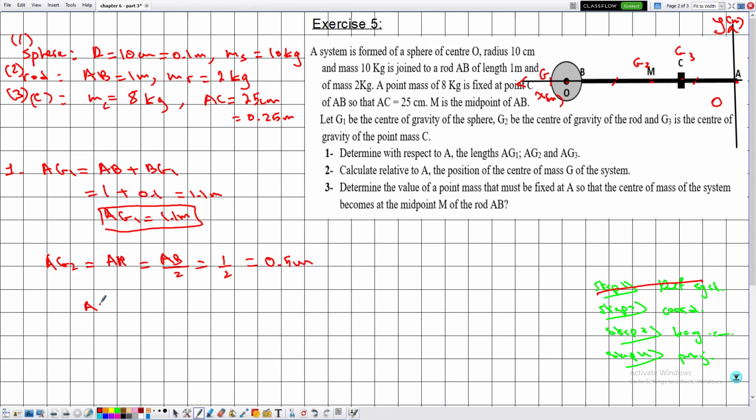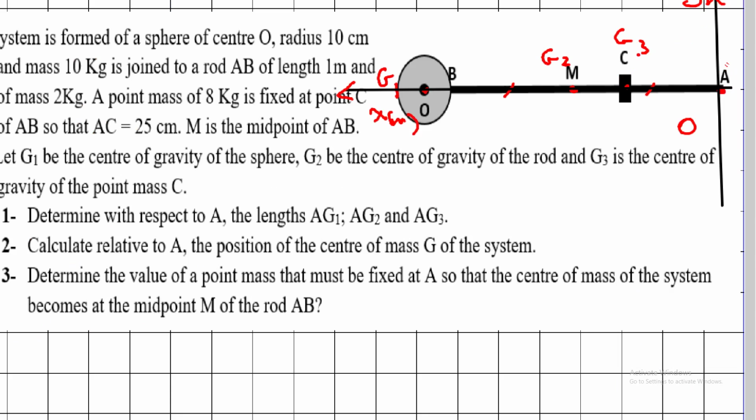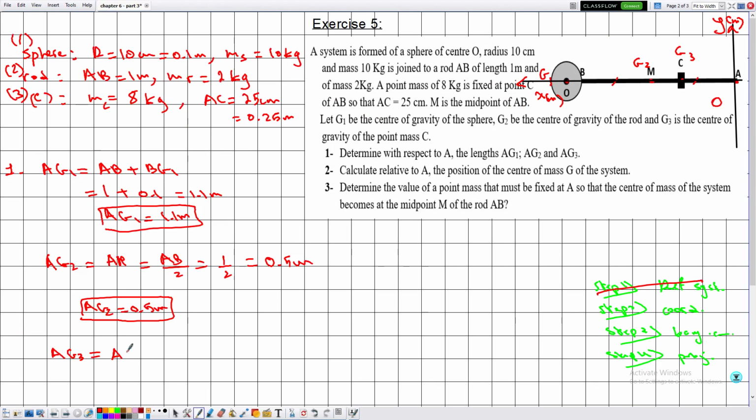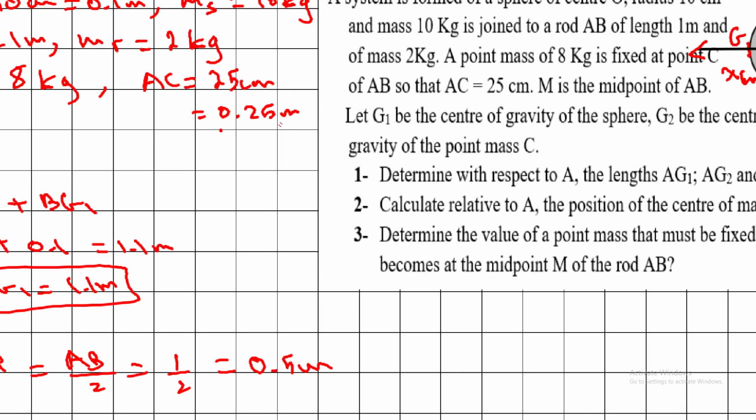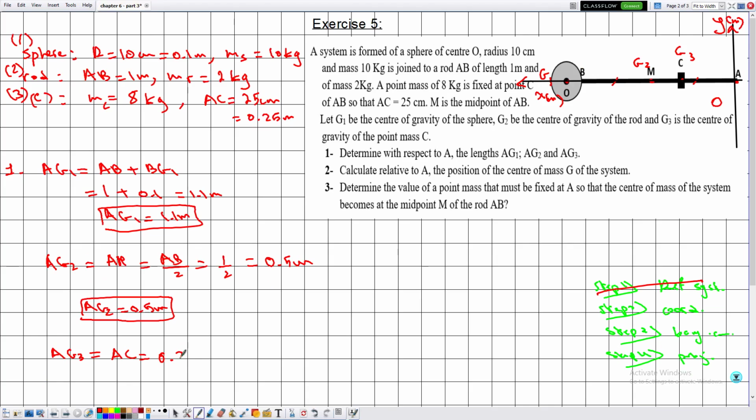Then AG2 is equal to 0.5 meters. And AG3, which represents the distance from the point A to the point C, which coincides with the G3, and in this case AC is equal to 25 centimeters, which is 0.25 meters. Then AG3 is equal to 0.25 meters.